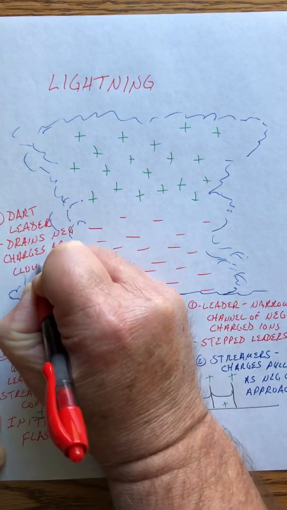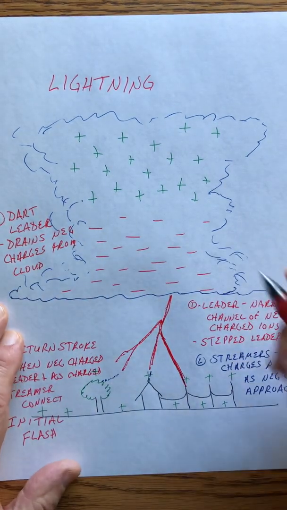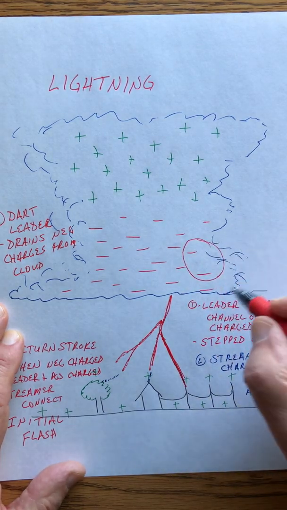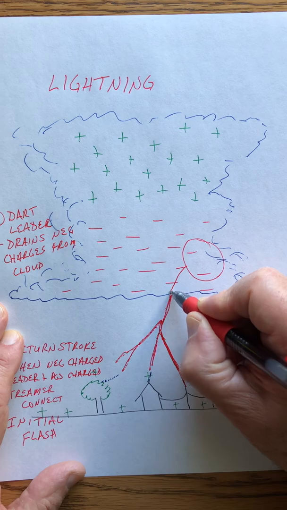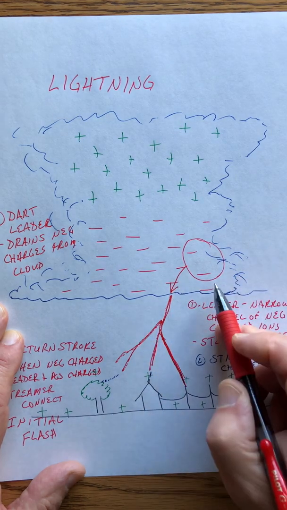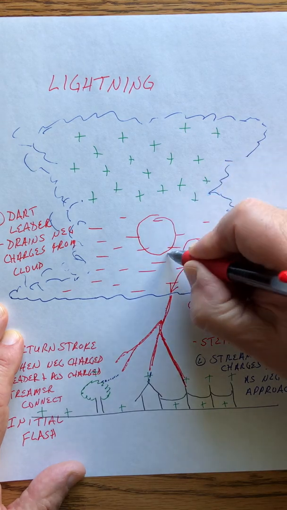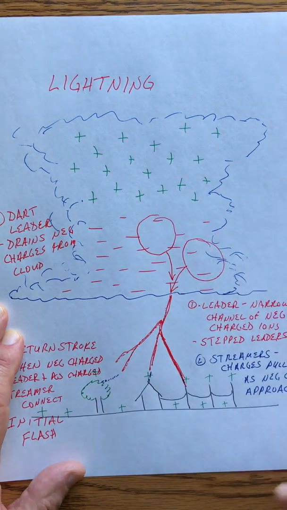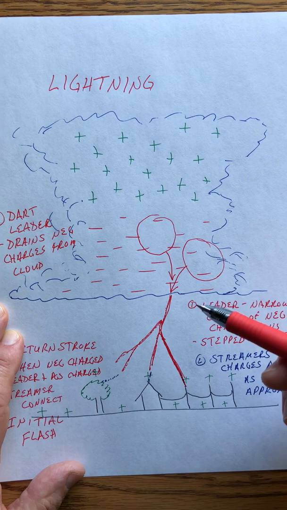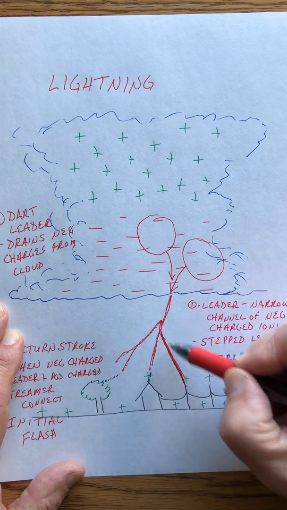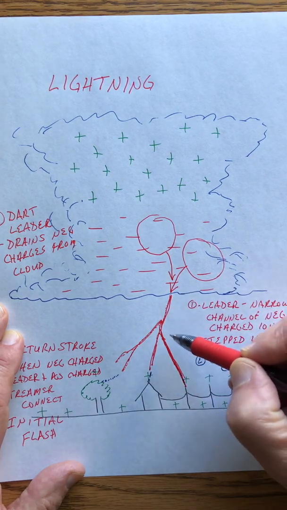And so what happens is maybe you're taking electrons from over here, okay, and this will flow down. So that's a dart leader, okay, and maybe you've got negative charges from this portion of the cloud, and that's draining down. And when these dart leaders occur and you're draining electrons from different portions of the cloud, they follow the exact same path as the initial lightning bolt.